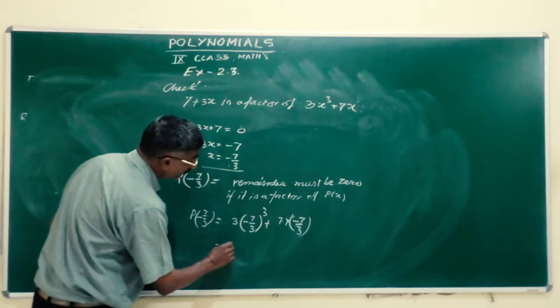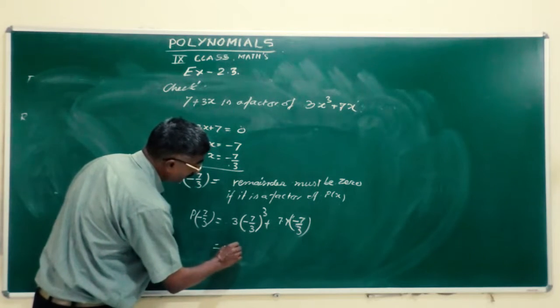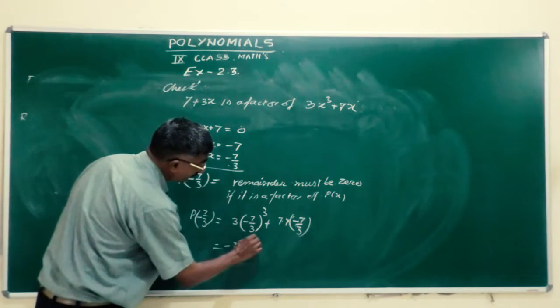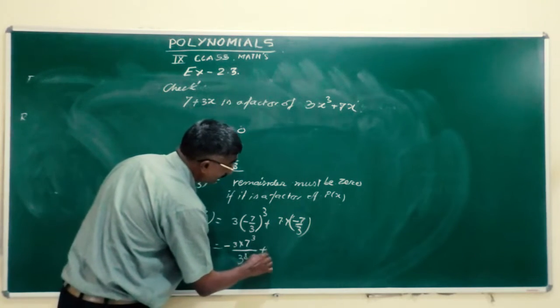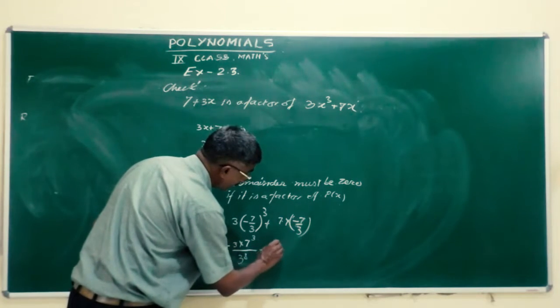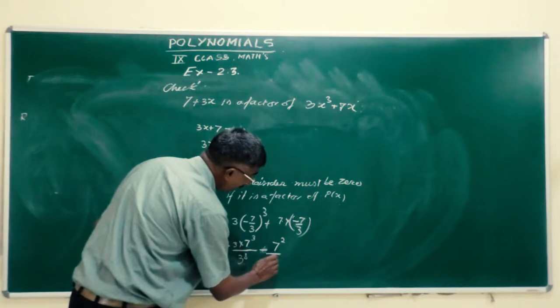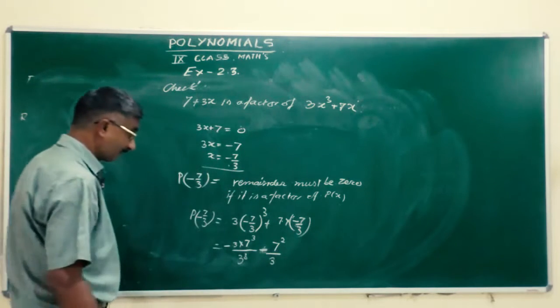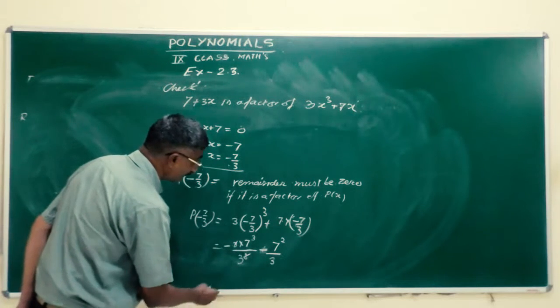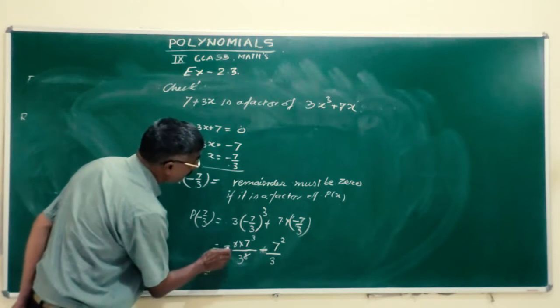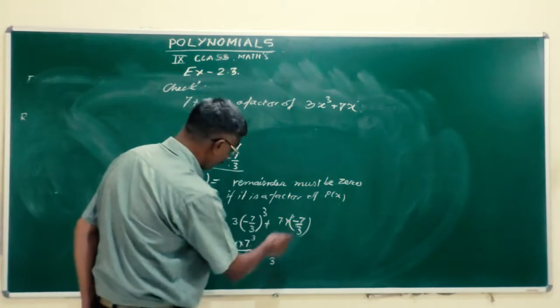So this is equal to minus 3 multiplied by 7 cube divided by 3 cube, plus minus 7 square upon 3. So the 3 is cancelled, this is minus and this is also minus.